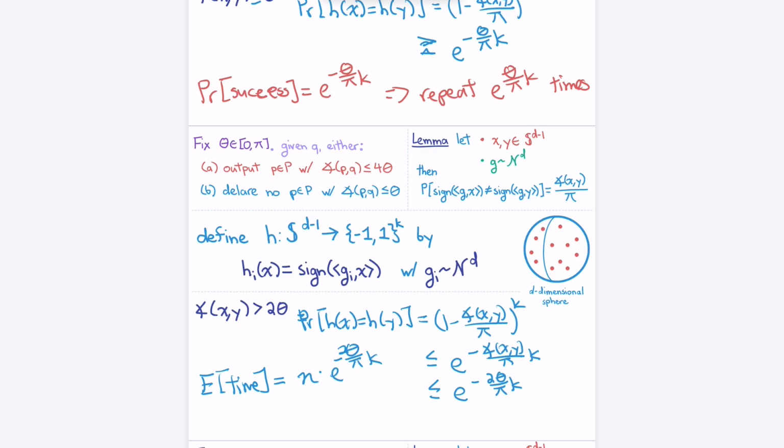What if I did k is equal to log n, then we get n times n to the negative 2 theta over pi. So this number is slightly less than n, but of course theta is really small, so it's very close to n.